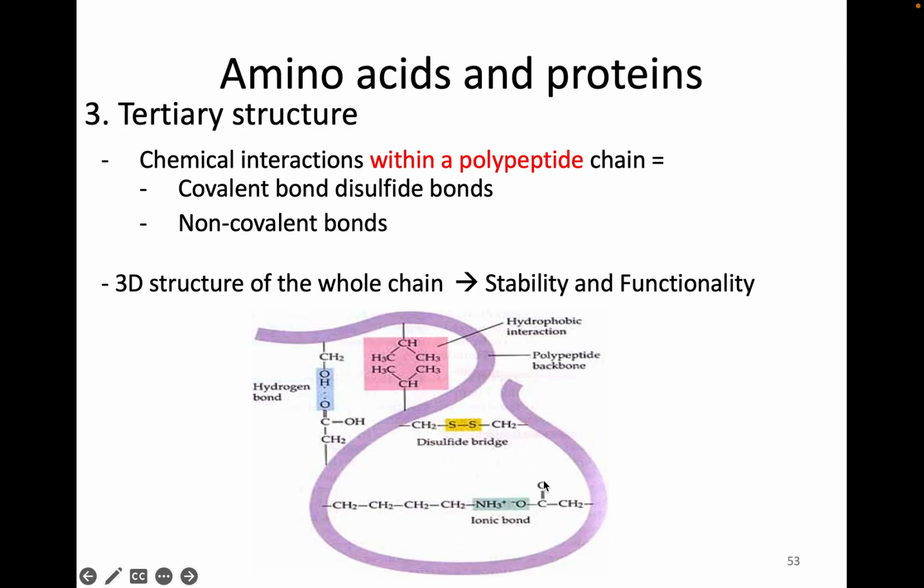You can see the tertiary structure of myoglobin and carbonic anhydrase, for example, which are monomeric proteins. The monomeric proteins have tertiary structure as their maximal structural level.